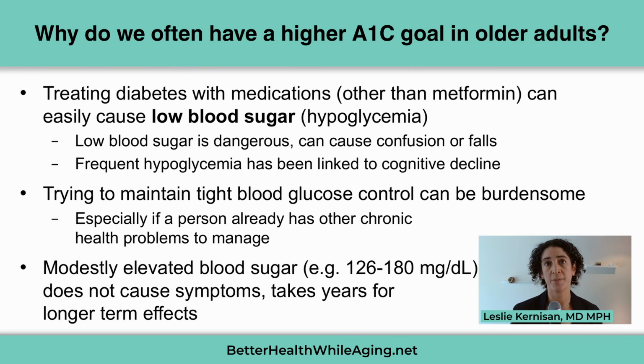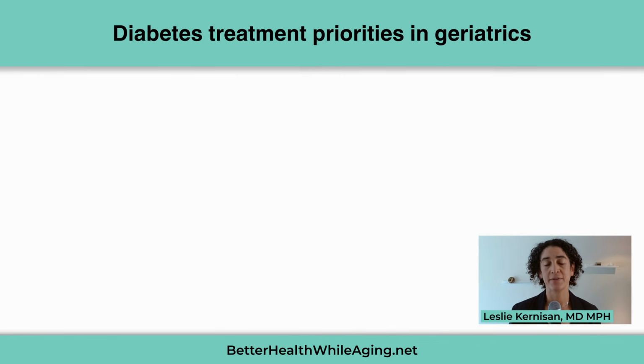So especially if a person gets diagnosed with diabetes when they're already in their 70s, we might feel like it's not necessary to have super tight control. So given that, let me now share what our diabetes treatment priorities are in geriatrics.